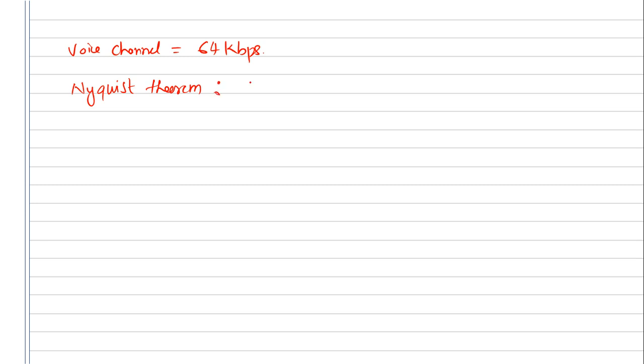As I had told you, the sampling frequency should be greater than or equal to twice the maximum frequency that we are trying to send. This is suggested by the Nyquist theorem.